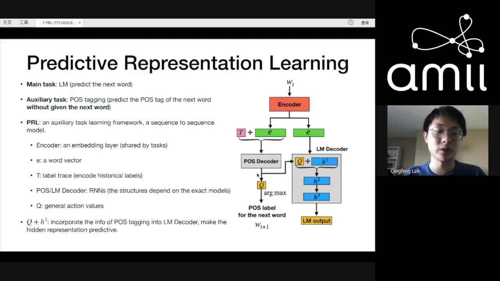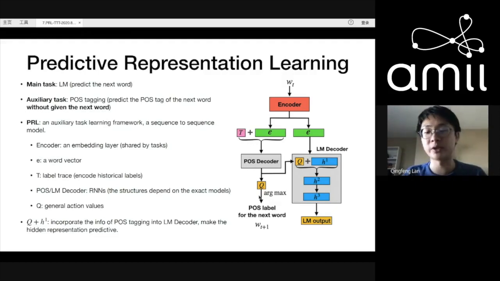You pass this concatenated word vector into the POS decoder. The POS decoder and the language model decoder here are all RNNs, and the structures of these RNNs depend on the exact models. I will explain that later. And the POS decoder will then compute the action value vector Q. It's actually a general action value vector.